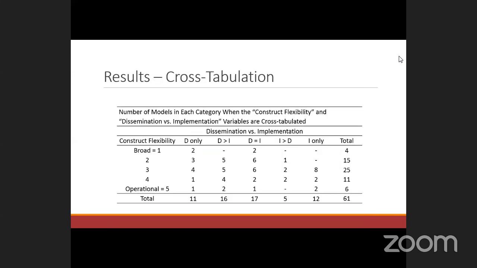We did find a good amount of variety in terms of what models were available. We didn't find any categories on construct flexibility or dissemination to implementation where there weren't any models. We did find that there were some categories where there were none when we cross-tabulated them. The broad models didn't tend to be as focused on implementation, but generally there was a good dispersion of models across these different categories.